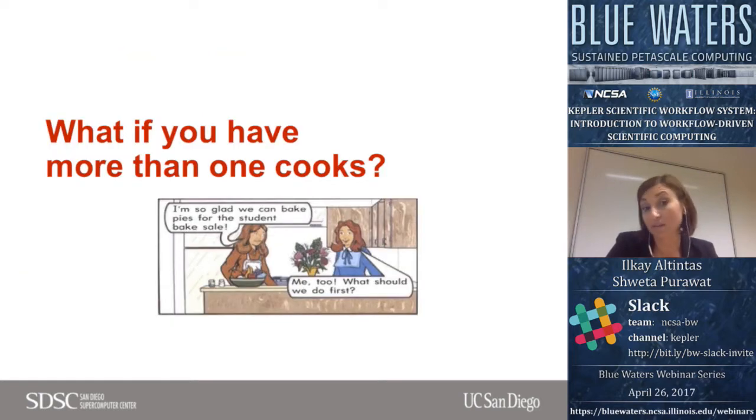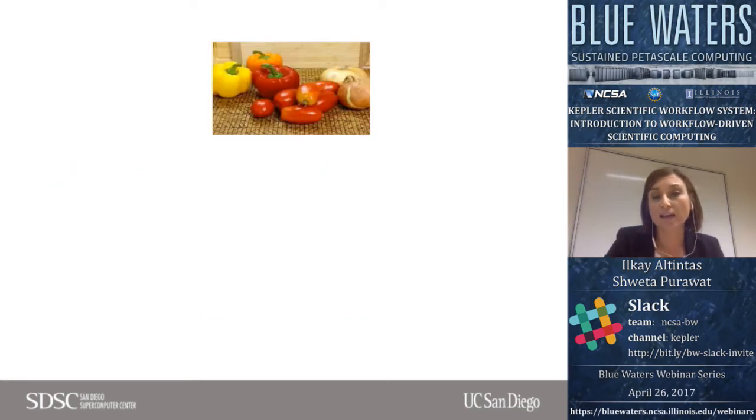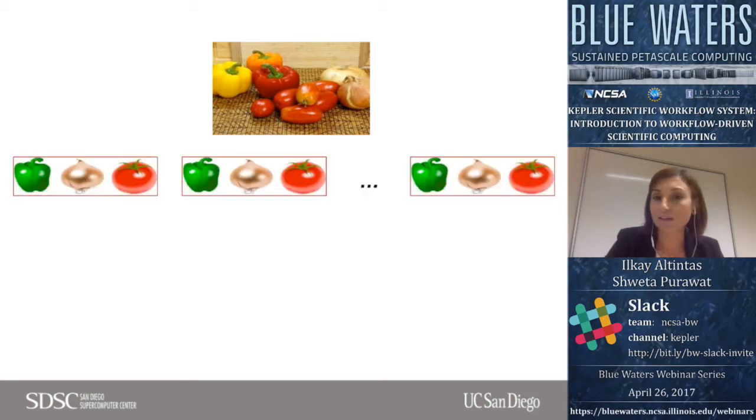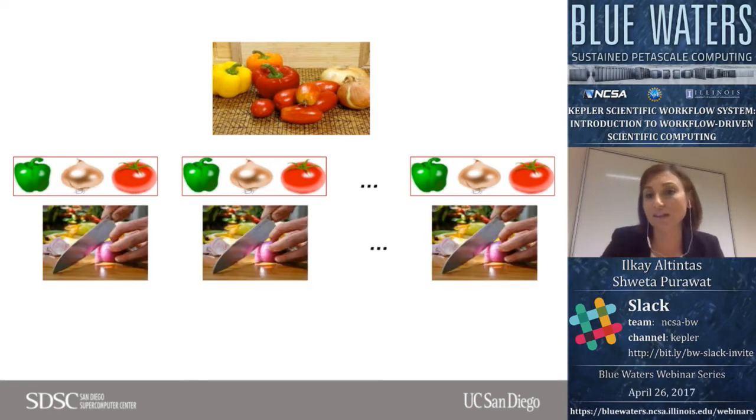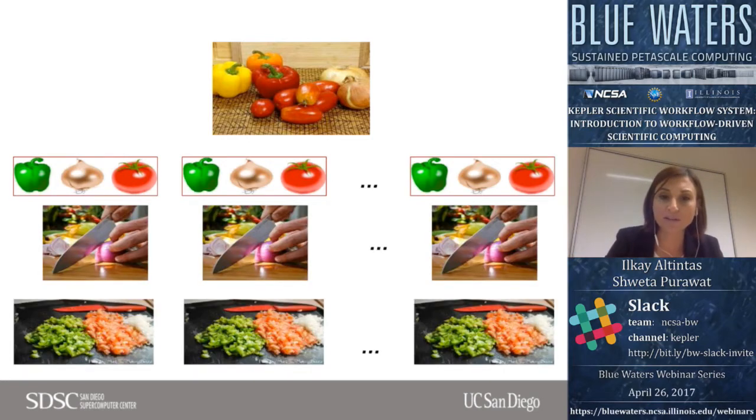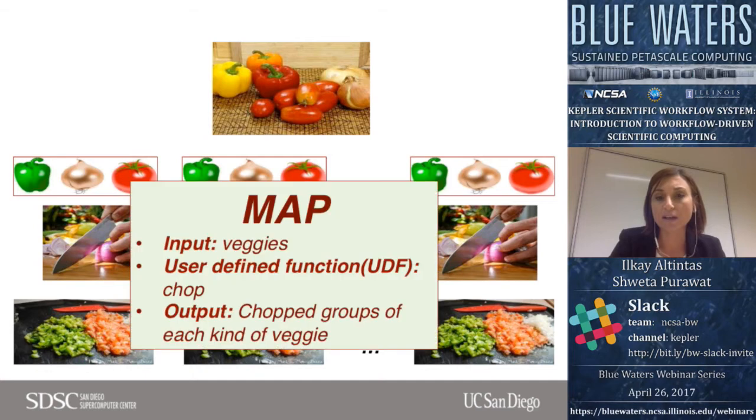What if there are multiple cooks? Then let's say we are making pasta sauce together again, and you have a bunch of vegetables, and maybe you have 3 friends over. You're giving them a batch of vegetables each, and they'll get the cutting, right? This is very much like the map operation if they cut everything and make different batches of different vegetables.